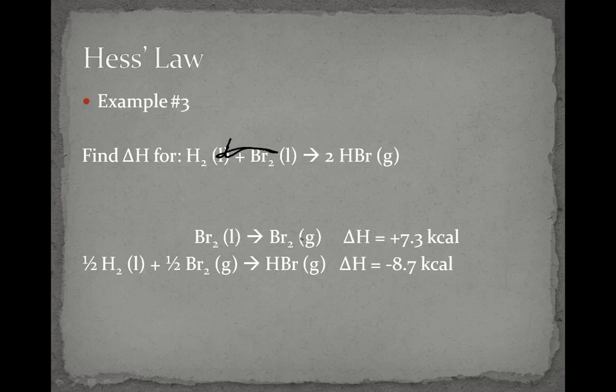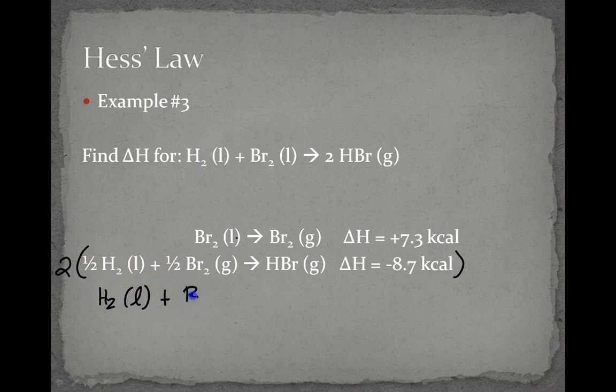So let's see. We want to end up with only liquid bromine in our reaction. Liquid bromine is here on the correct side, so that seems to be good. Okay, so H2, we need one H2. We've only got half of an H2 in this reaction. So I think that means we're going to have to double this. So if we double this entire reaction, we're going to double everything. So 2 times 1/2 would be 1, so we'd have just a liquid H2.